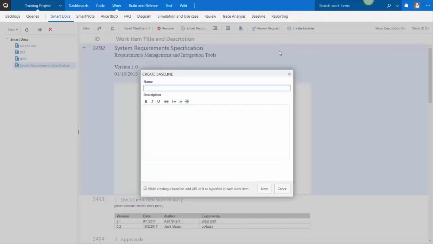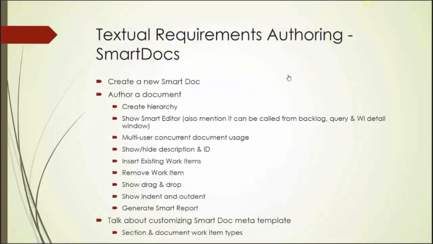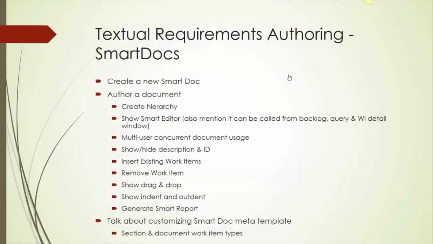And then when you look at the baseline training video, you will see how you can compare different baselines and see how things have changed and so on. So folks, that is the Smartdocs module that really provides you with a document-like interface where multiple people can work on the same document at once. And then you can save it as Word and so on and so forth.